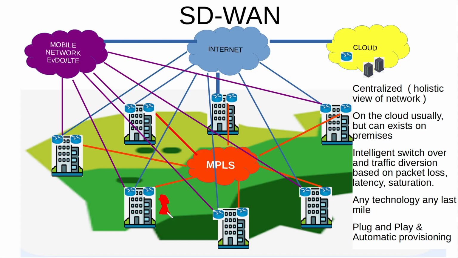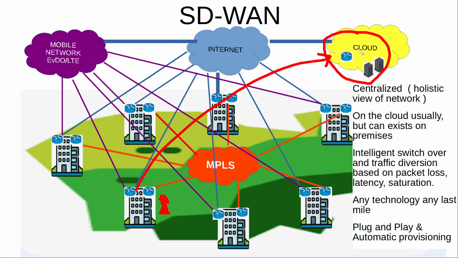And when your devices get connected, they will communicate with your centralized solution in order to tell it to get this device provisioned automatically for you. So you don't need an engineer typing in or provisioning manually every site that gets connected to your wide area network.